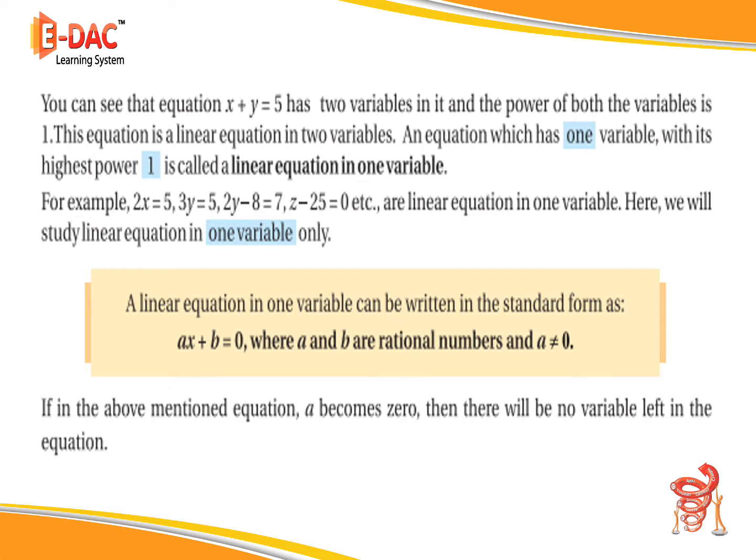Here we will study linear equation in one variable only. A linear equation in one variable can be written in the standard form as ax plus b equals to 0, where a and b are rational numbers and a is not equal to 0. If in the above mentioned equation a becomes 0, then there will be no variable left in the equation.